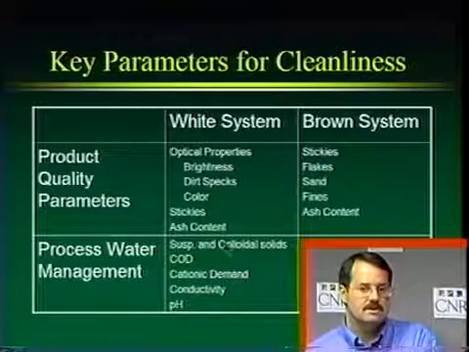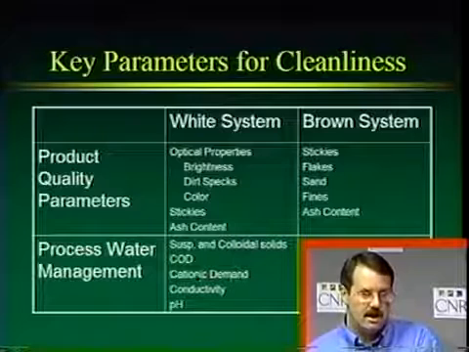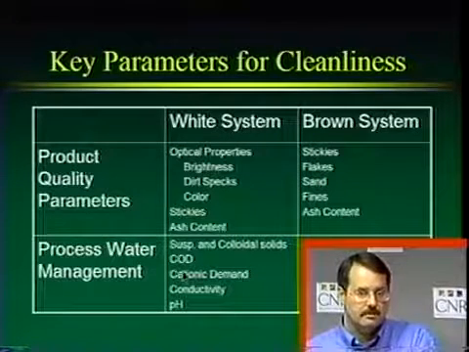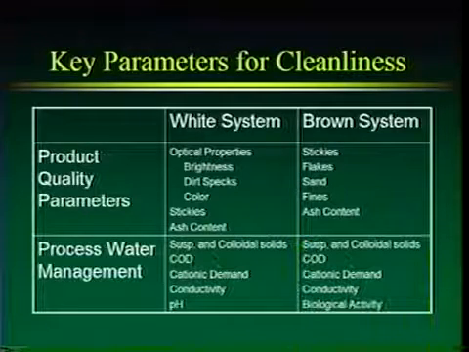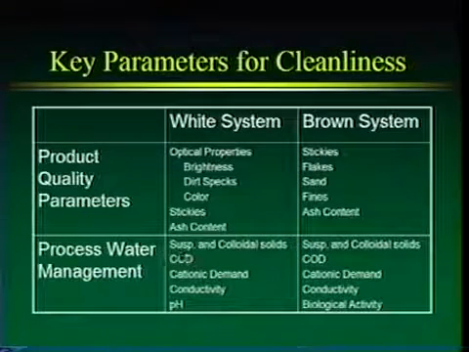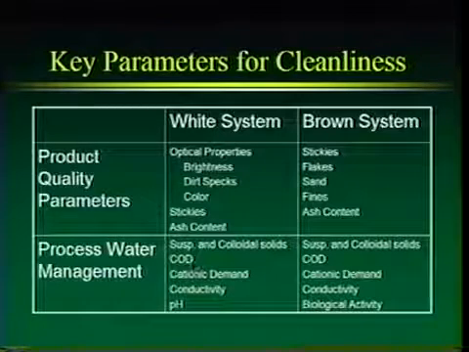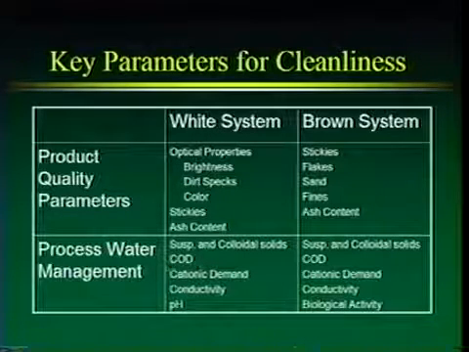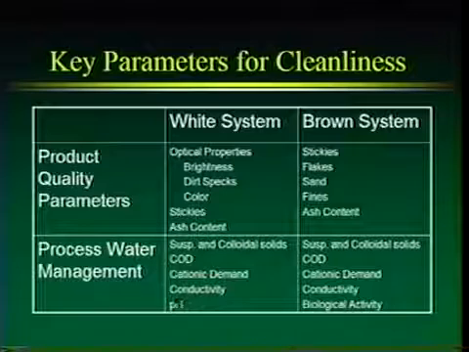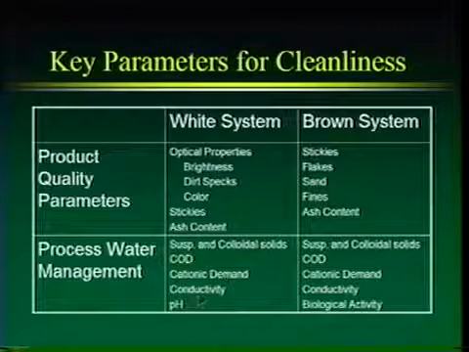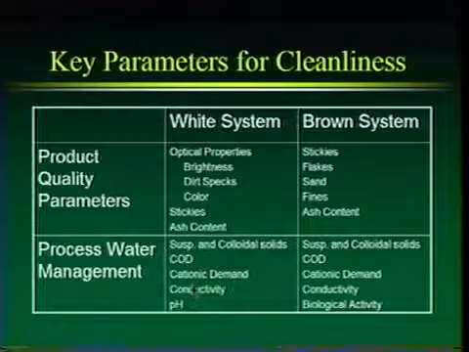So if we have too much suspended and colloidal solids, we will not have an efficient use of our additives. COD is important, chemical oxygen demand, because we're going to have to discharge some of this material, and that COD is a load on the receiving body that takes our water. Conductivity and pH are also important factors for bleaching or for the paper machine. We've got to control those.